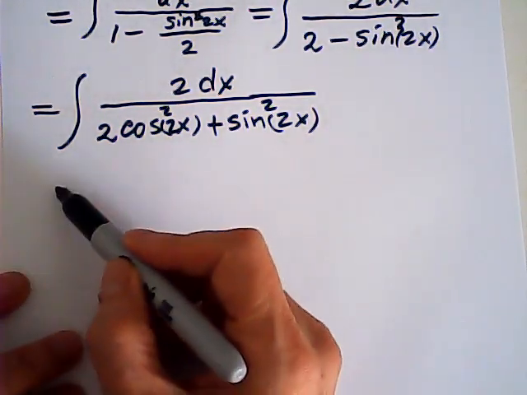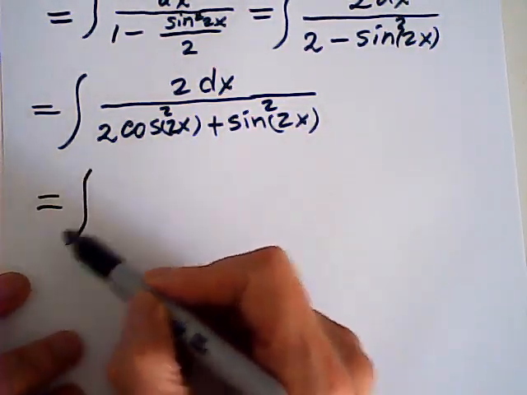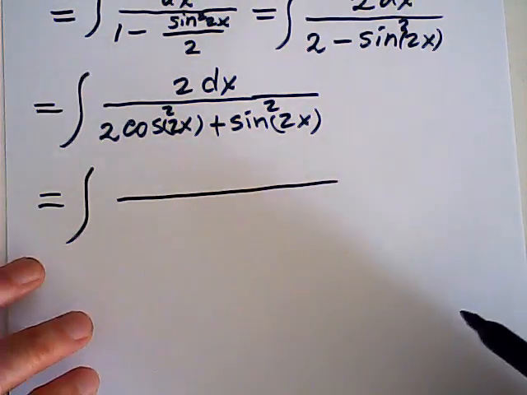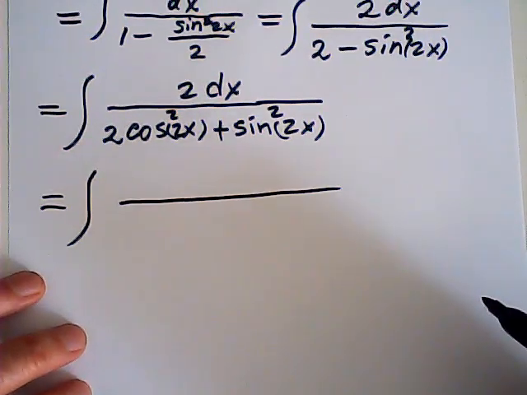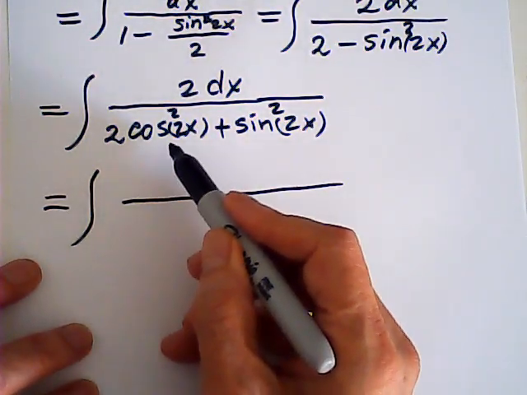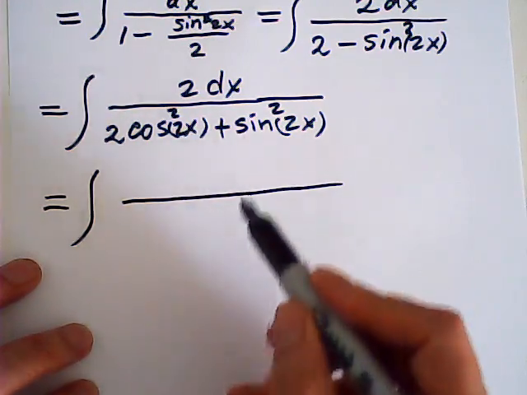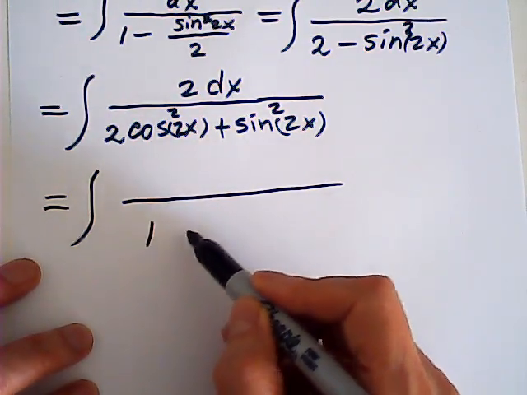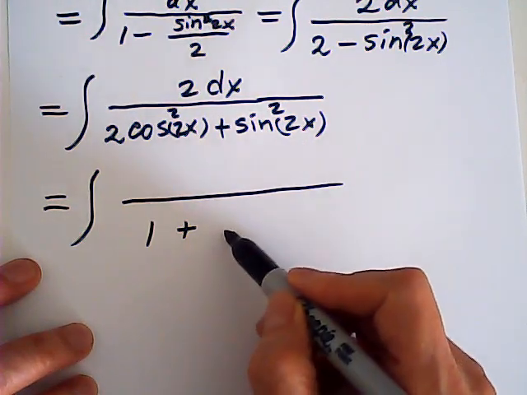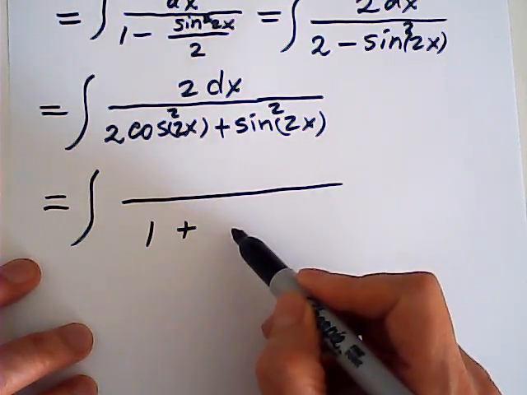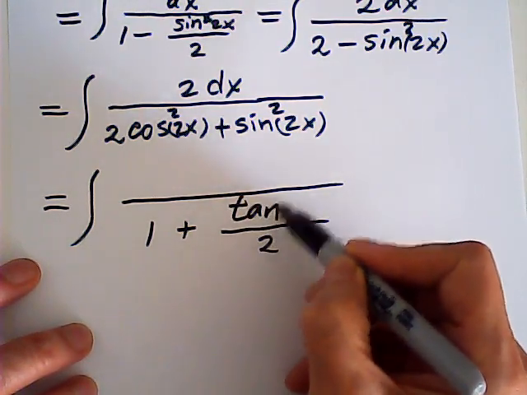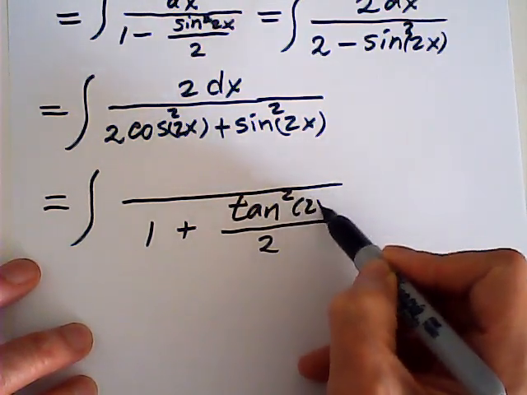Then I divide everywhere by 2 cosine square 2x. So this becomes 1. This becomes half tangent square 2x.